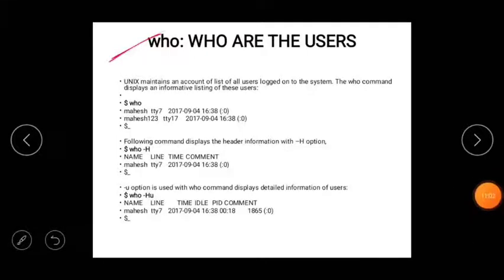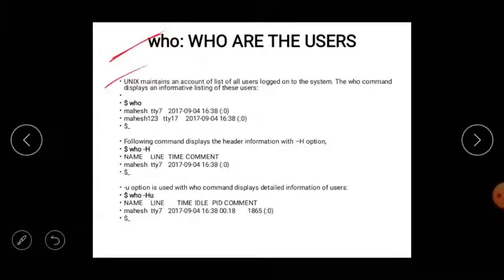Next command is who. Okay, this is who the users are. This command is used for listing the users who log in to the system. Unix maintains an account of the list of all users logged on to the system.